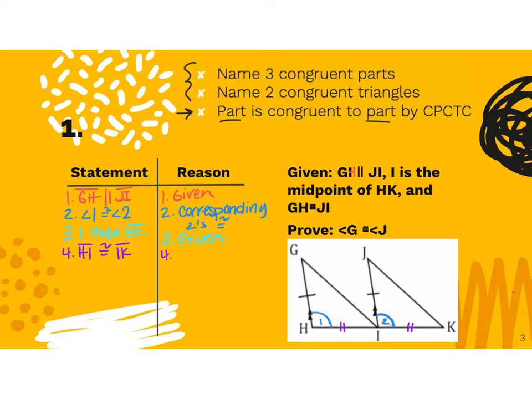Either way is fine. Let's just remember that I had to say I is a midpoint as a statement before I could use it as a reason. That was very important. Similarly, I had to have parallel lines as a statement before I could say that I had corresponding angles that were congruent. We were also given that GH is congruent to JI.